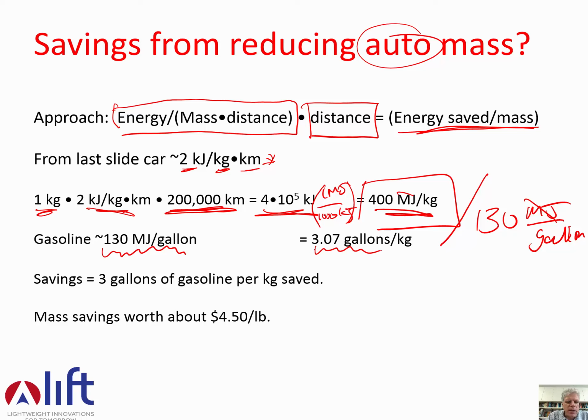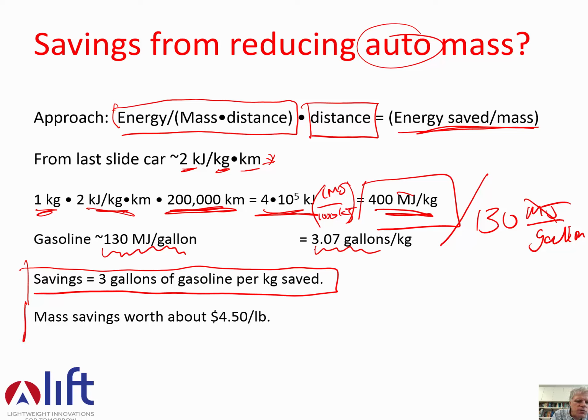So what we end up getting out of this is two things. We can figure out how much fuel is saved per kilogram of mass savings: about 3 gallons of gasoline for every kilogram. And you can turn that into another unit: you're saving about $4.50 per pound of mass in the vehicle over its life cycle.